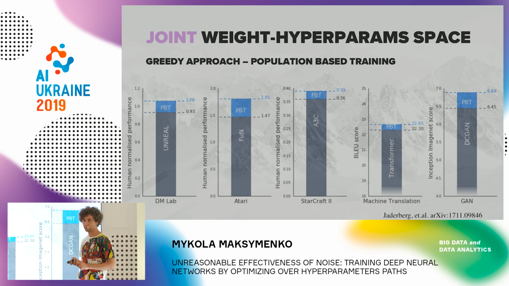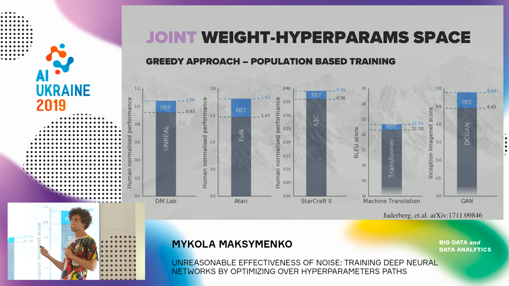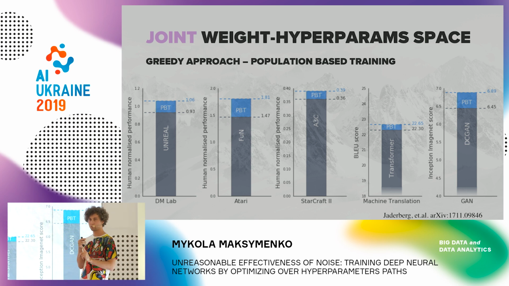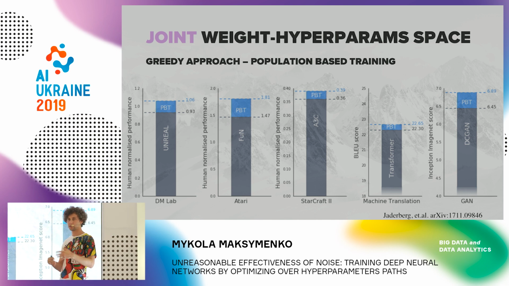So it works well. And you can actually combine two cases. Let's say our algorithm works well when you have noise-like hyperparameters, while for those which don't work as noise, you can still use this. So you can actually do that in the same run.